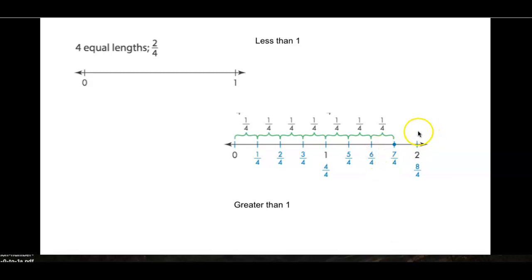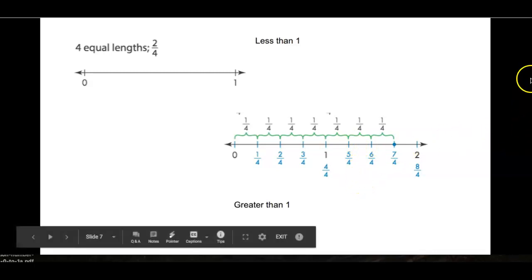So as I was saying before, a student has to also be able to break up and create a number line that goes beyond just the number 1. And again, we're still working with fourths, so this will represent exactly what we did up here. Here's my 1/4, 2/4, 3/4, 4/4. I can move beyond that into 5/4, 6/4, 7/4, and then 8/4 would be 2. We can then start to have a little bit of a discussion. We're not going to probably talk about it for very long in 3rd grade.